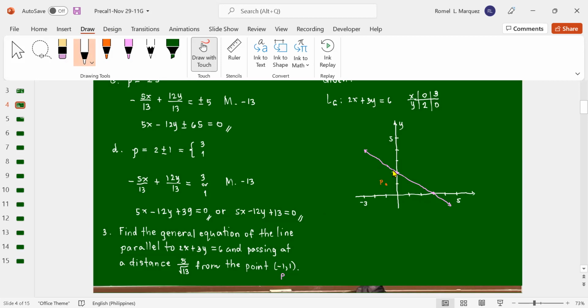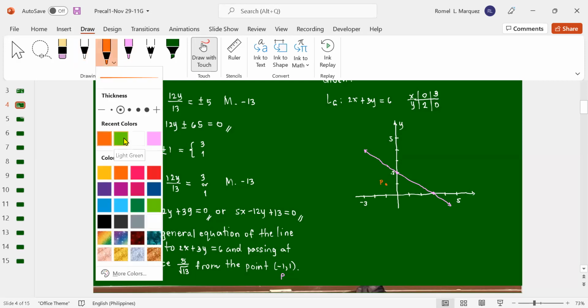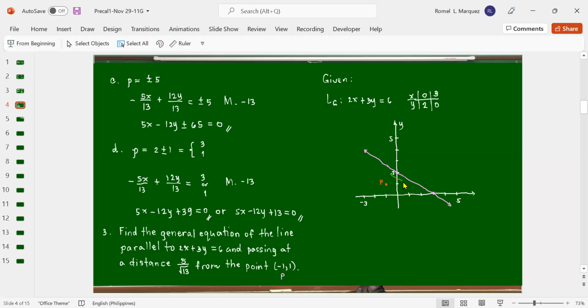So I think it is below the pink, no? Am I right, guys? Let's have somewhere here. Get it, children? So this is our required line. Is there another possibility, guys? It can be below the point, right? And the distance is still more than 1. Okay? Get it, children? I think I need to move a little more.